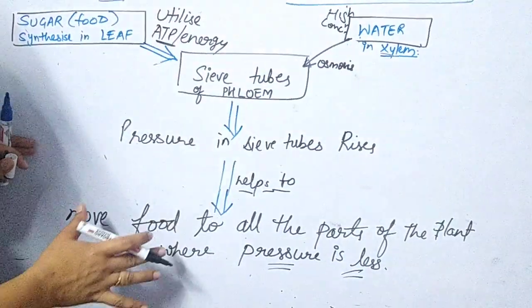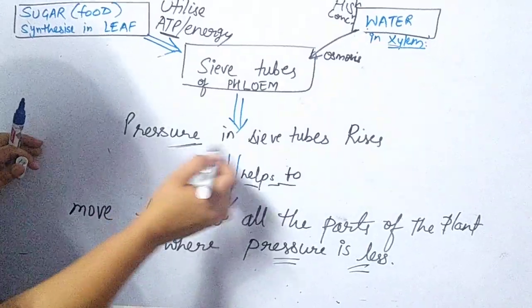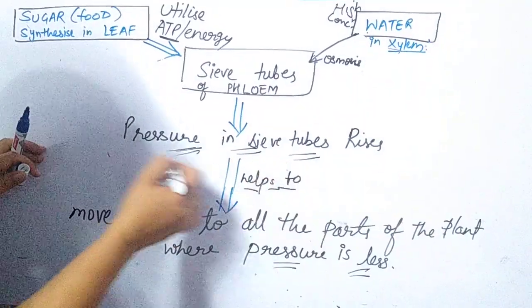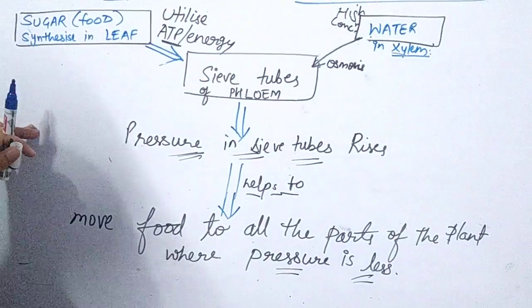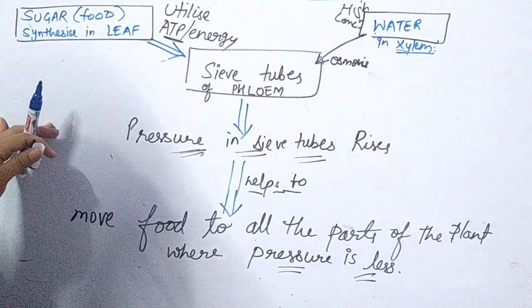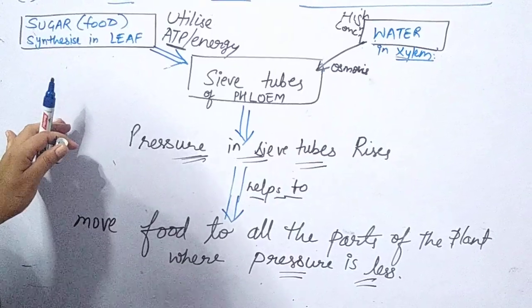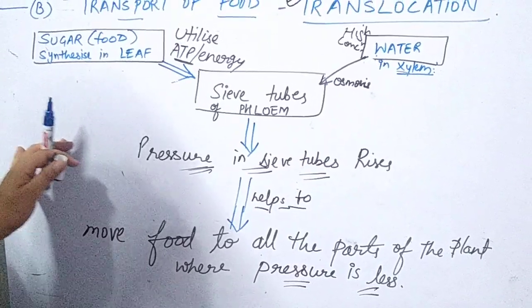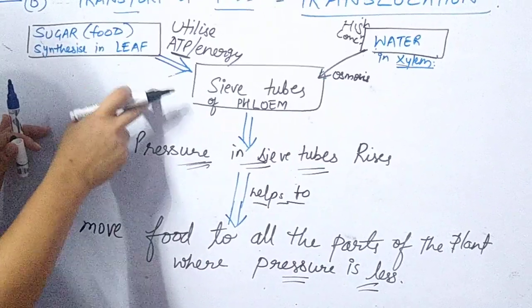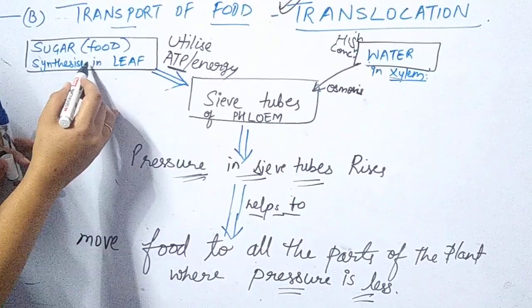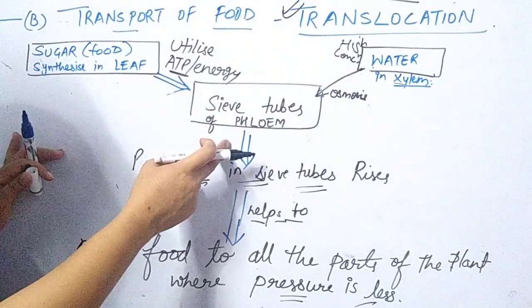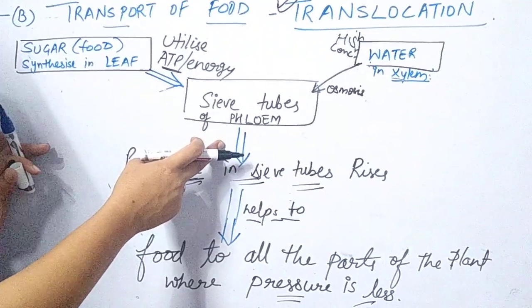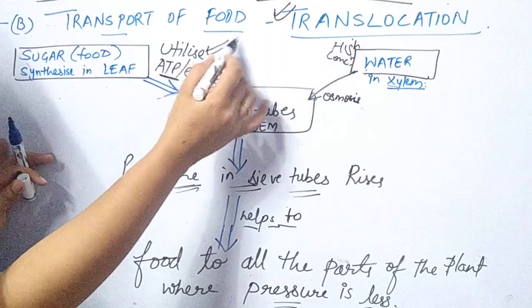Students, this is a simple flow chart with the help of which you can write your answer on how the transportation of food takes place. But one difference you always have to note: in transportation of water, transpiration pull, the physical force, is required. But in the translocation of food, the sucrose prepared in the leaf has to be transported into the sieve tubes of phloem by utilizing energy.